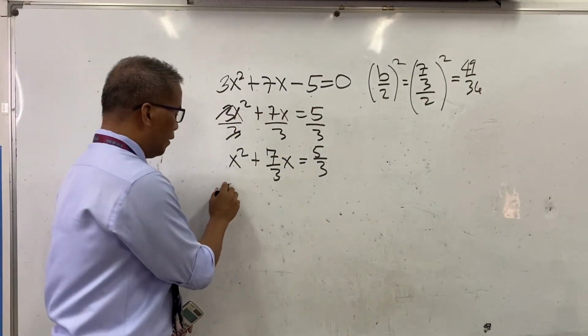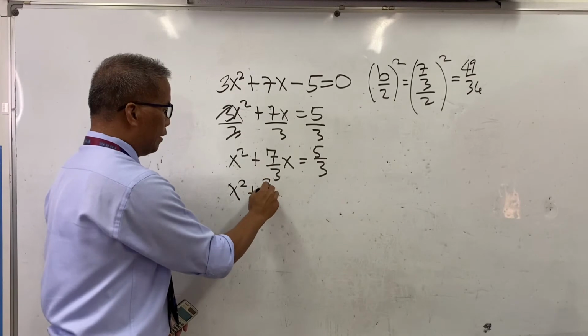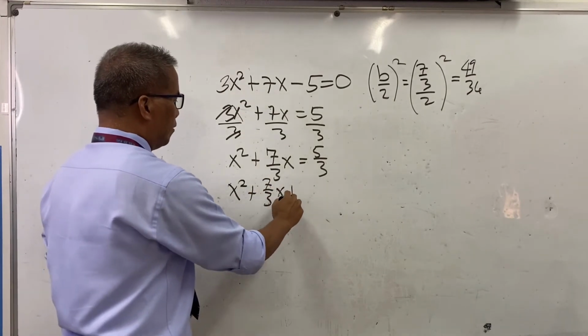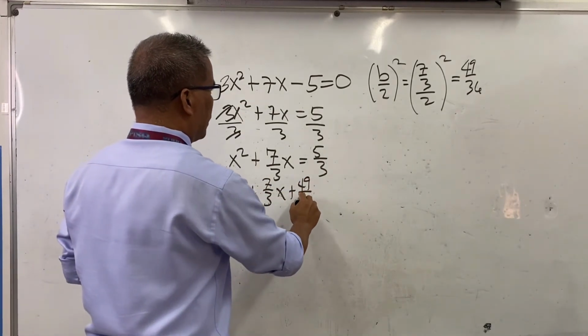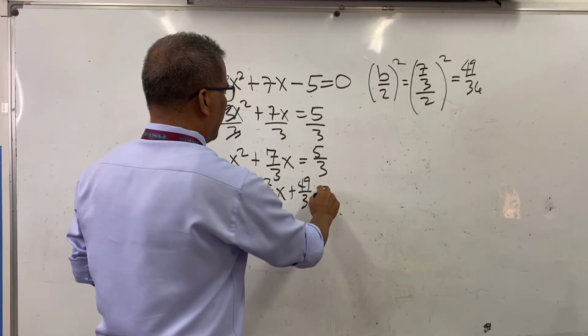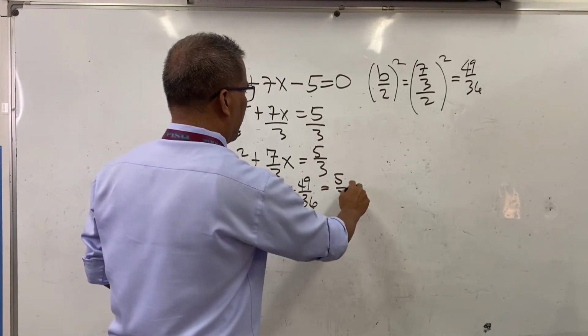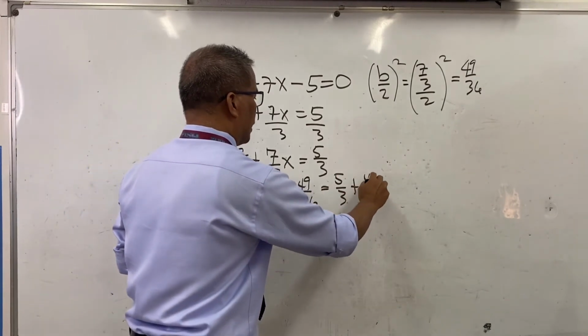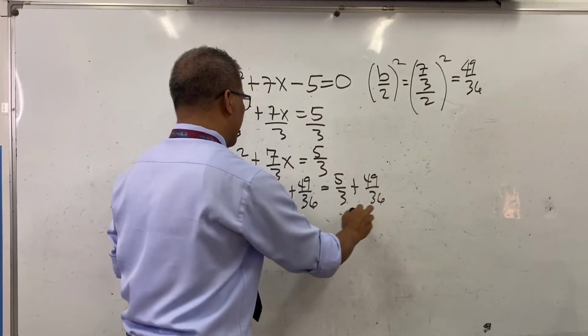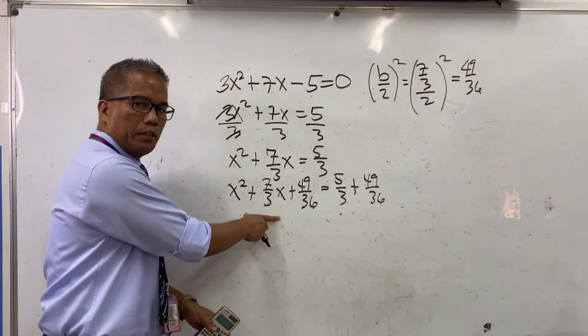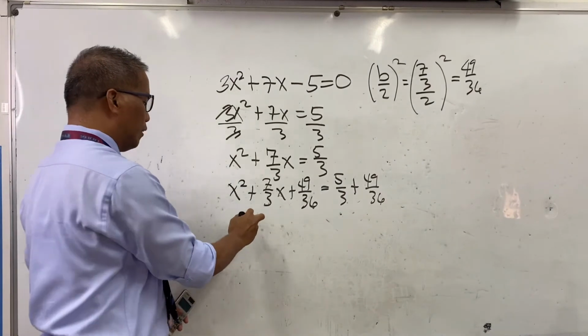So we have now x squared plus 7 over 3x plus 49 over 36 equals 5 over 3 plus 49 over 36. So this is the perfect square trinomial. We will need to factor it.